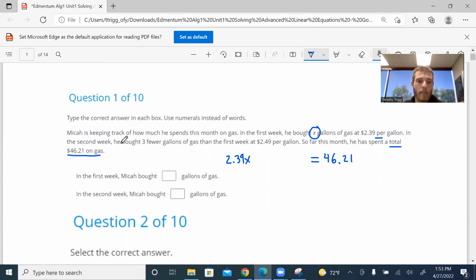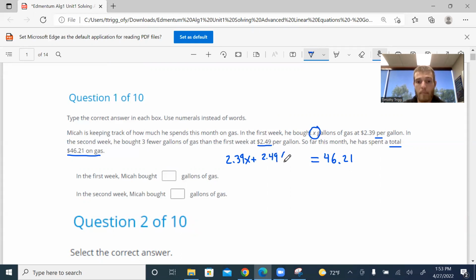Notice in the second week, he bought 3 fewer gallons. So in the first week, he bought X gallons. In the next week, he bought 3 fewer than that. So I'm going to put plus the price for next week, which was $2.49.